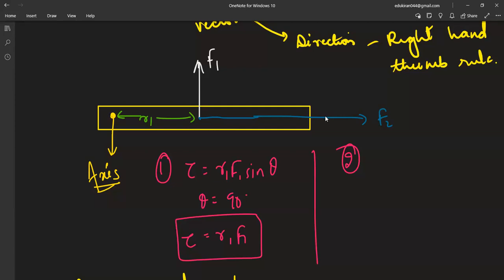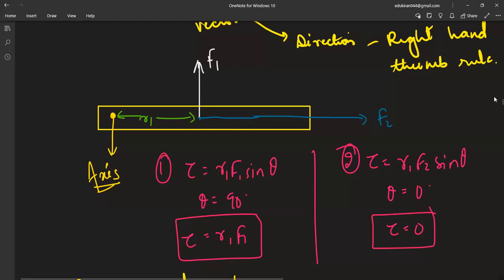What I'm trying to tell you is that you choose the angle between these two. Torque will still be R1 F2 sine theta, but now your theta is 0 degree. Both are parallel, 0 degree or 180 degree also, because this is not clear in this example which I've taken. So in any way, torque will be 0.